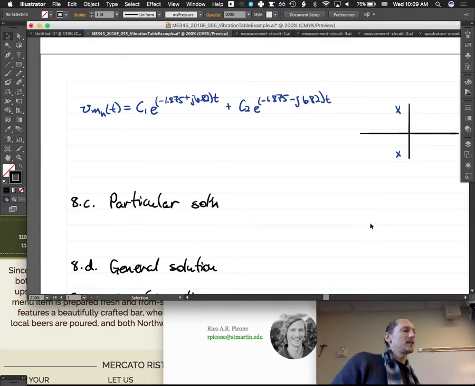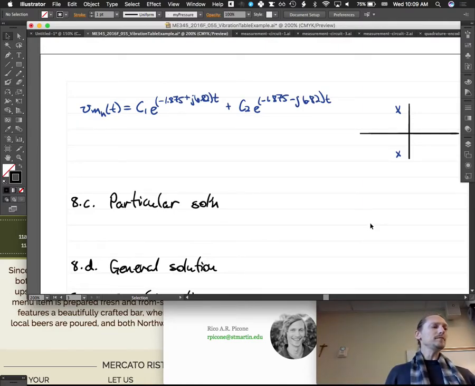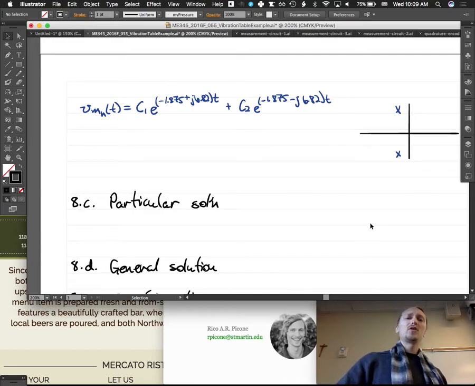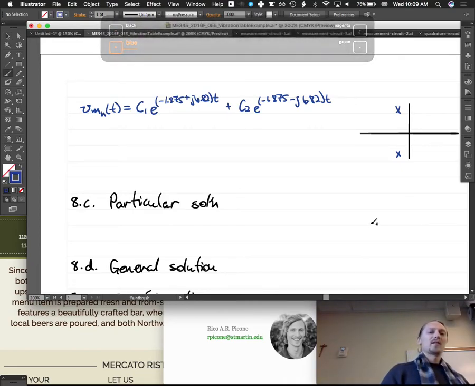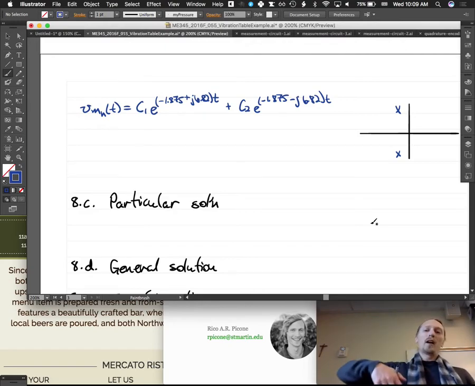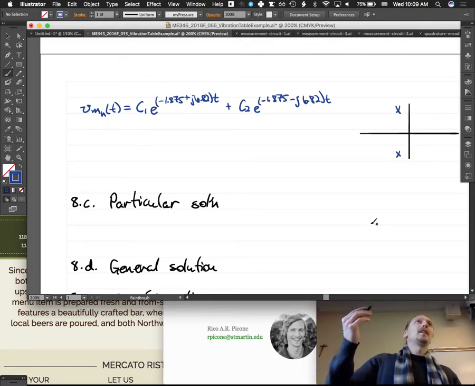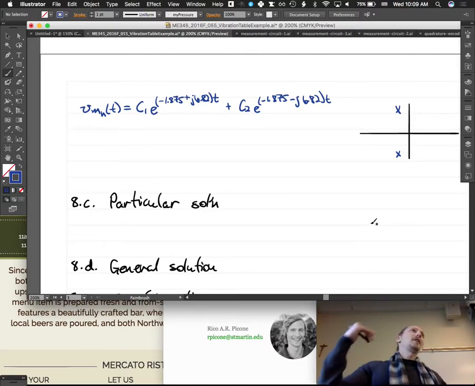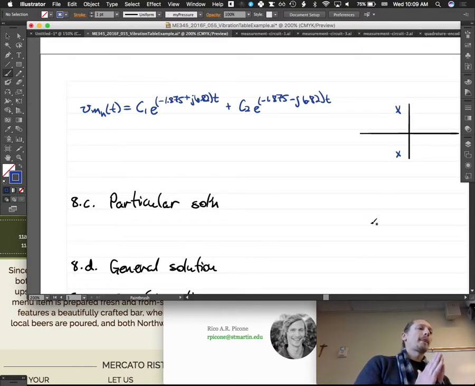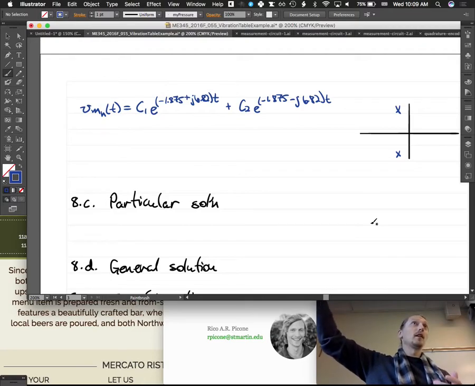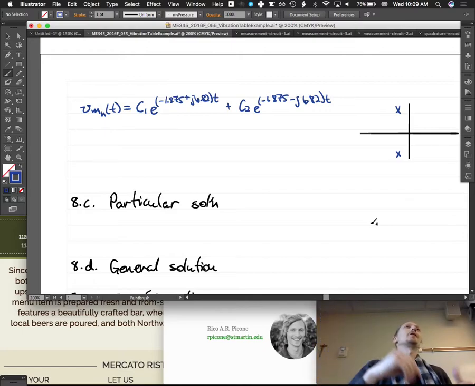So now we need to find the particular solution. The particular solution in this case is super easy. So you may recall that we have a step input, which is 0 for time less than 0 and then 1 for time after 0. And when you use this particular solution method of undetermined coefficients that we like to use, when we have a constant value for time greater than 0, and 0 less than that, that is equivalent to assuming that your solution is going to be a constant.